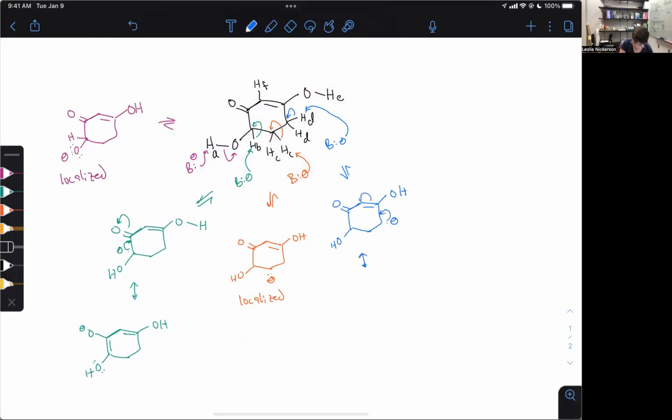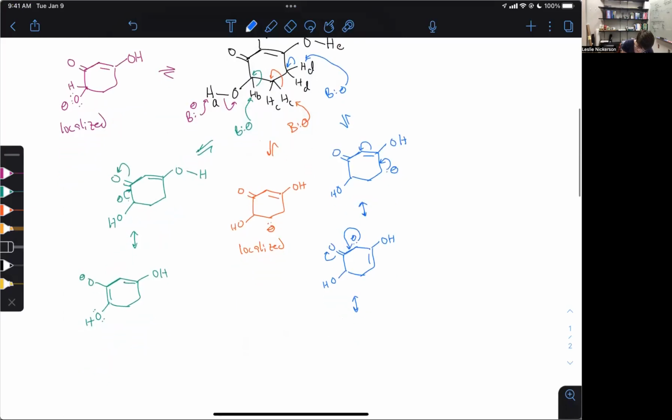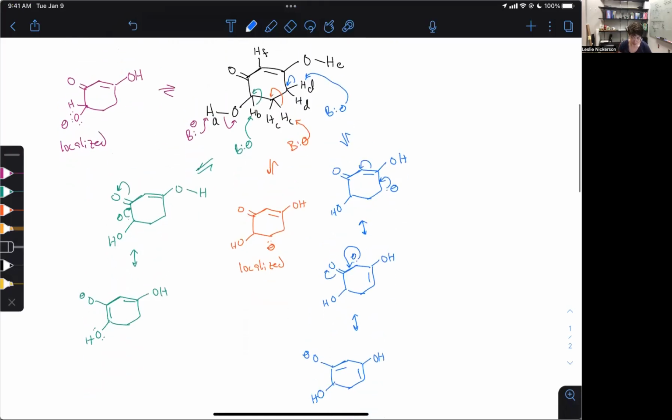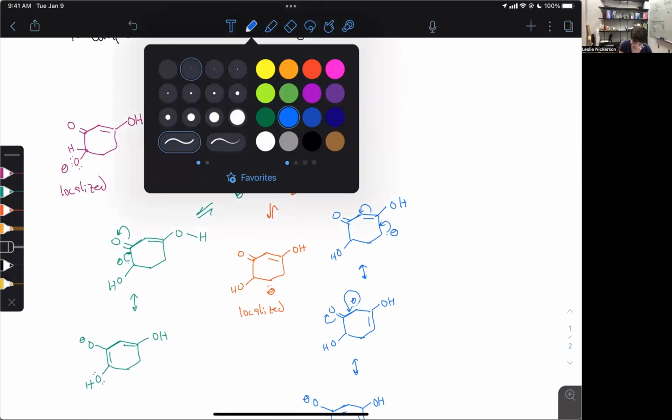Go there and then there. Pi bond there. And then I'm still next to another pi bond, so then I can go up onto the oxygen to end up here. At that point, I'm pretty much done. Okay, so that one was a pretty good one. I got a few resonance structures out of that.